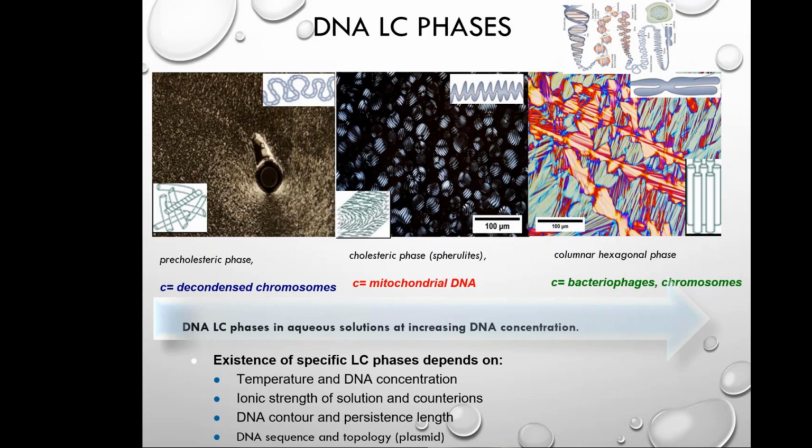And we have also seen that the sequence and the topology of the DNA, for example in plasmid DNA, has an impact on which phase will be more favorable.